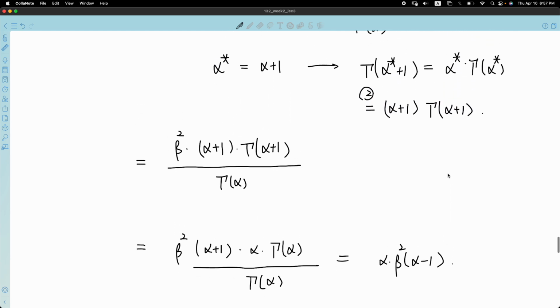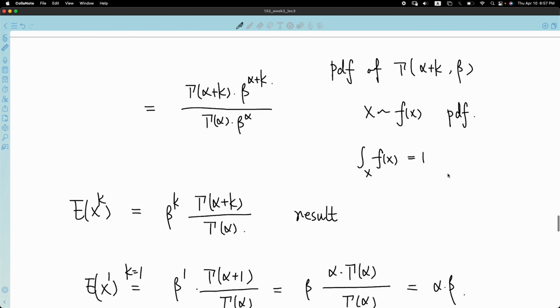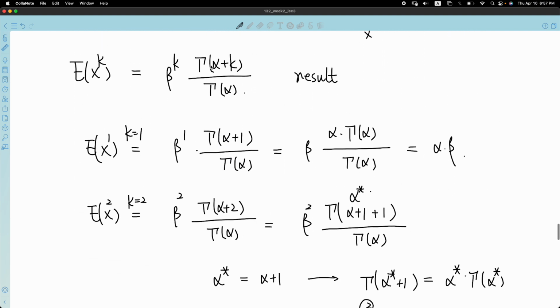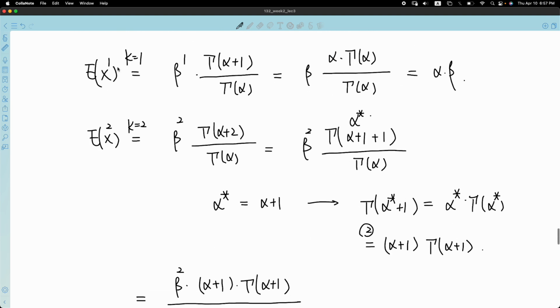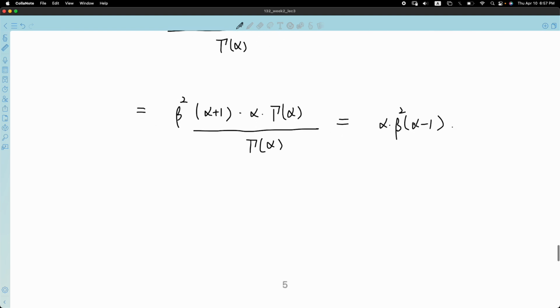My point here is that for a gamma random variable, there's a closed form expression for the kth moment. If you want the first moment and second moment, just set k equal to 1 and 2. Set k equal to 1, the expectation is alpha beta. Set k equal to 2, the result is alpha beta squared times alpha plus 1, or you can keep expanding. So the gamma random variable has a closed form expression for the kth moment, and if you want the expectation or the second moment, just plug in k equal to 1 or 2.